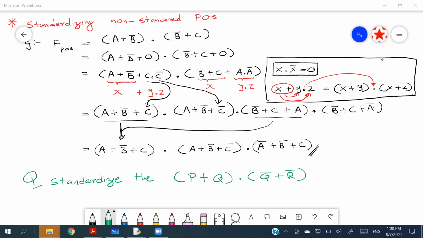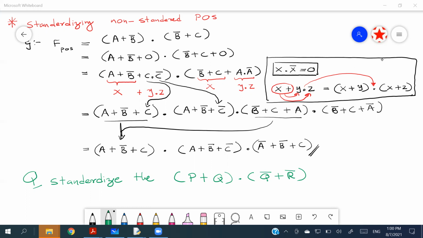Now we are going to talk about the conversions between POS and SOP. Again, this is given less focus in the syllabus, but it is there. So we can convert a particular SOP into a POS as well as a POS into an SOP.